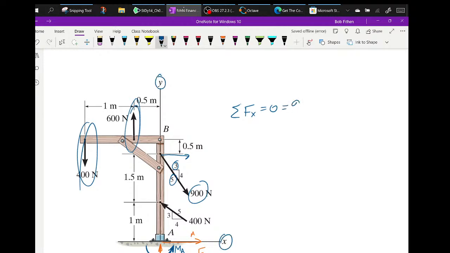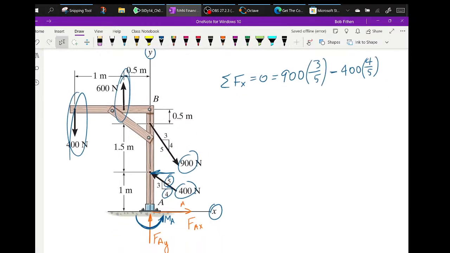It is going to the right, and it's 900, but it's 3/5 of it because that's the component going to the right. Now, he's got one going back to the left. That is 4/5 of this 400. It's 400, but it's 4/5 of that, going back to the left.